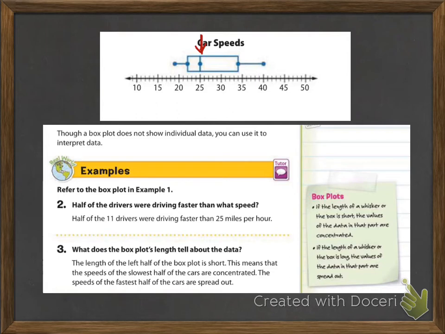So that also means that you have the same number of numbers on this side, and you have the same number of numbers on this side. So look at this median right here. You see where the median is, but look how short this arrow is, and look how much longer that arrow is. That's basically telling you that half of your numbers are more spread out on the right side, whereas on the left side, they're a little bit closer together.